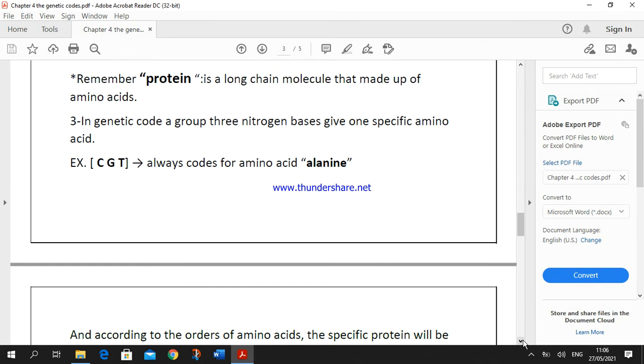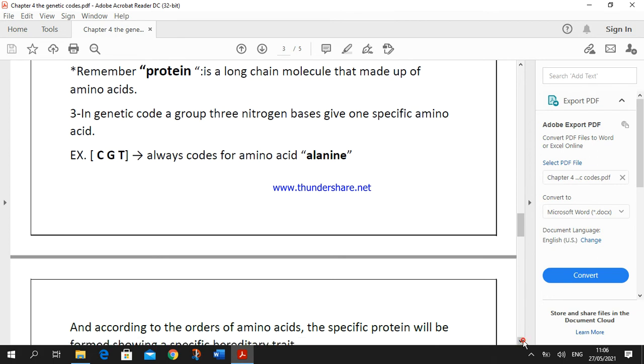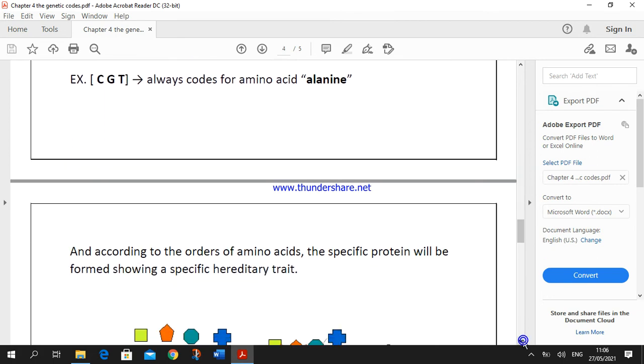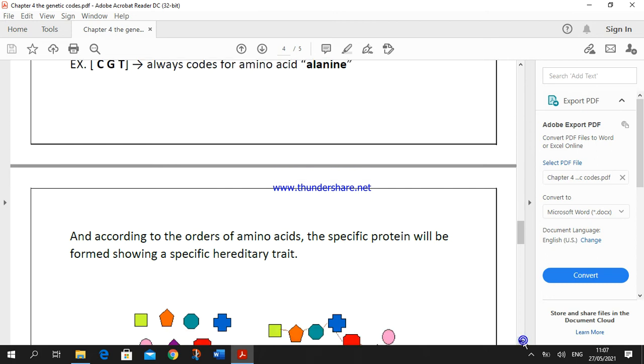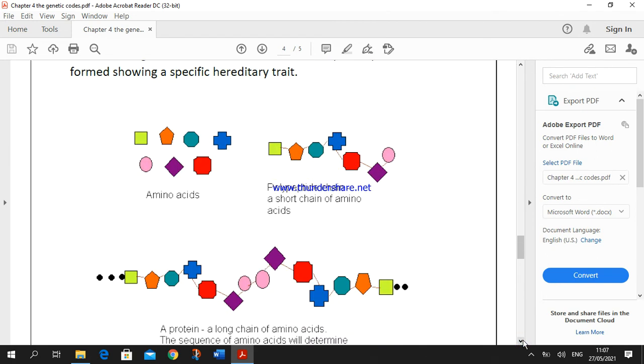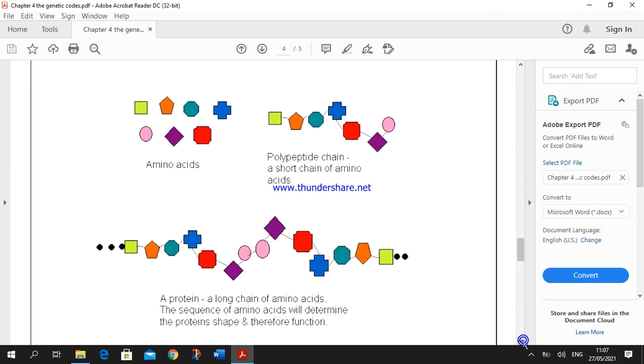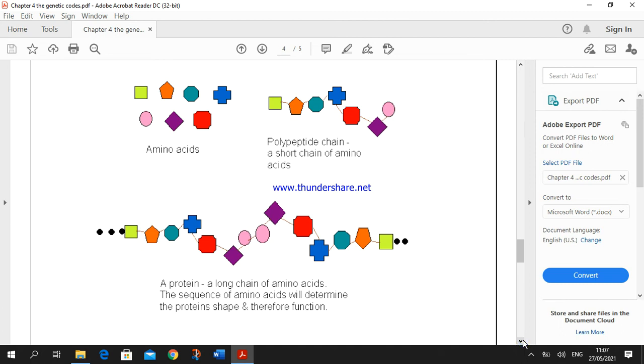For example, cytosine, guanine, thymine always codes for the amino acid alanine. According to the order of amino acids, the specific protein will be formed, showing a specific hereditary trait.